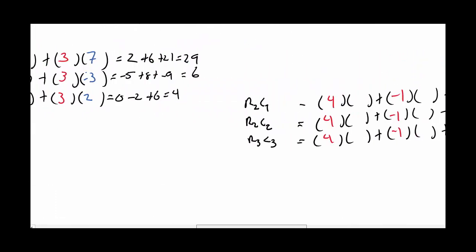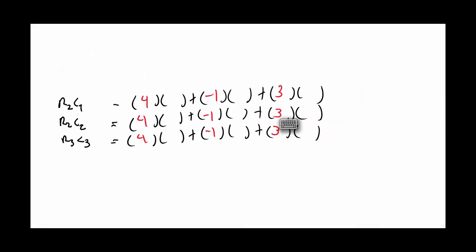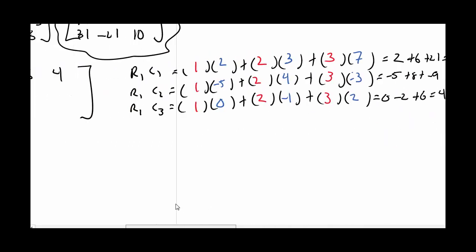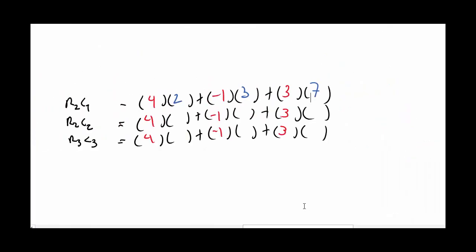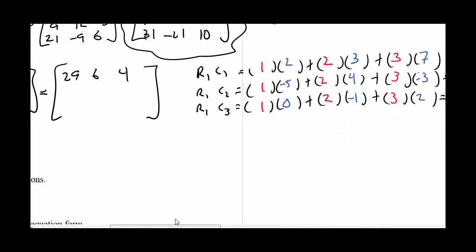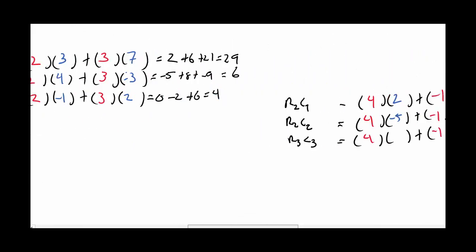Column 1 is 2, 3, 7. So 2, 3, and 7. Then I need column 2. Column 2 is -5, 4, and -3. And then I need column 3. Column 3 is 0, -1, and 2.